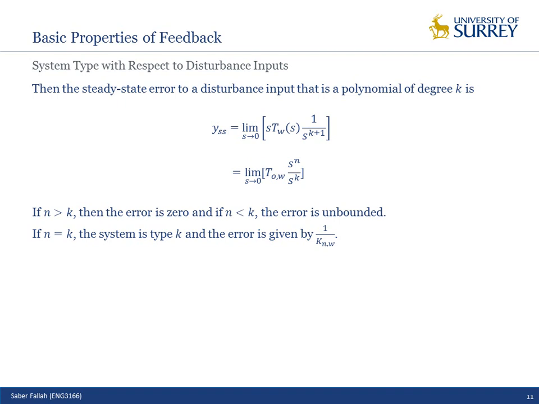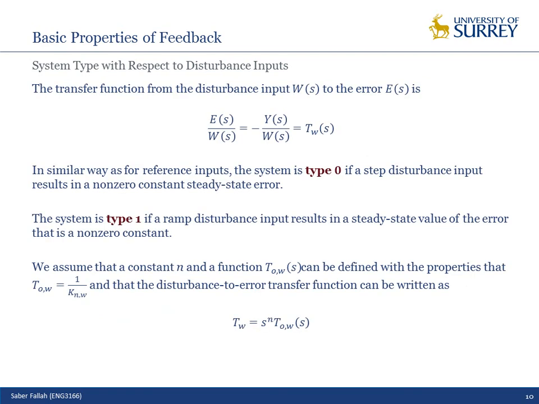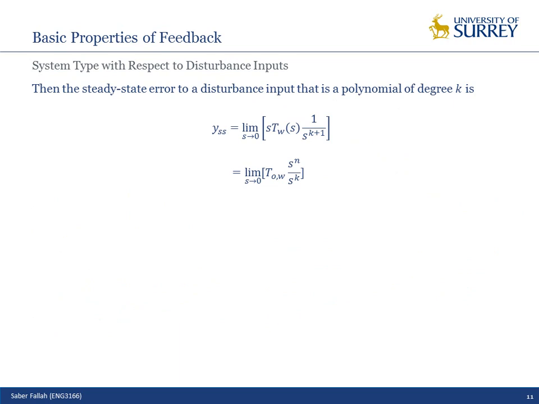Where does the, when you put TW equals... Here, we define TW S power n as TOW. Yeah, but on the next slide there's an S before the TW. Okay, this is the final value theorem. What does the final value theorem say?